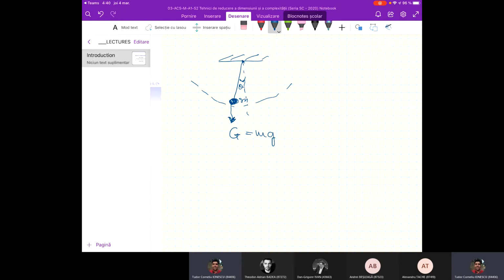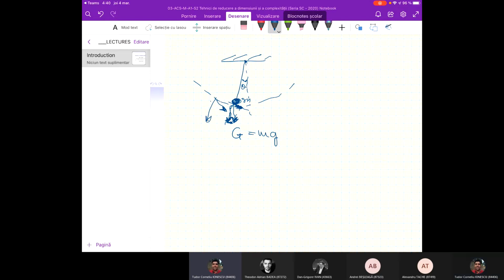What you do, essentially, is decouple the gravitational force in two directions: the tangential direction, which is tangential to the trajectory, and the normal direction, which is along the direction of the pendulum, where the pendulum is pointing.